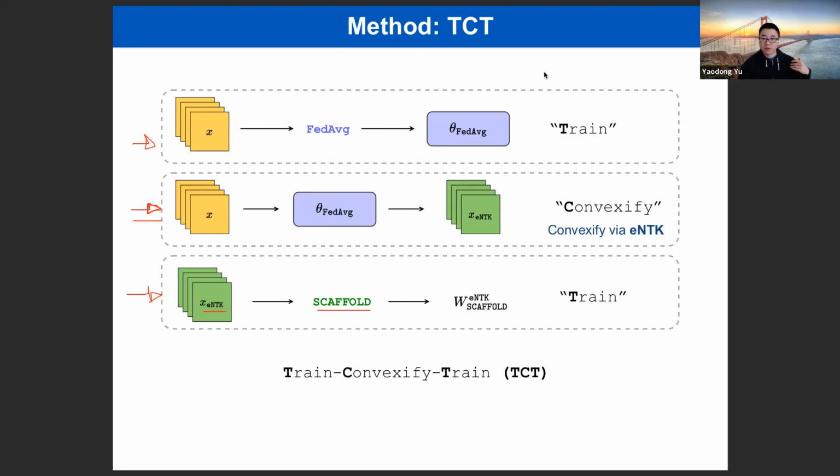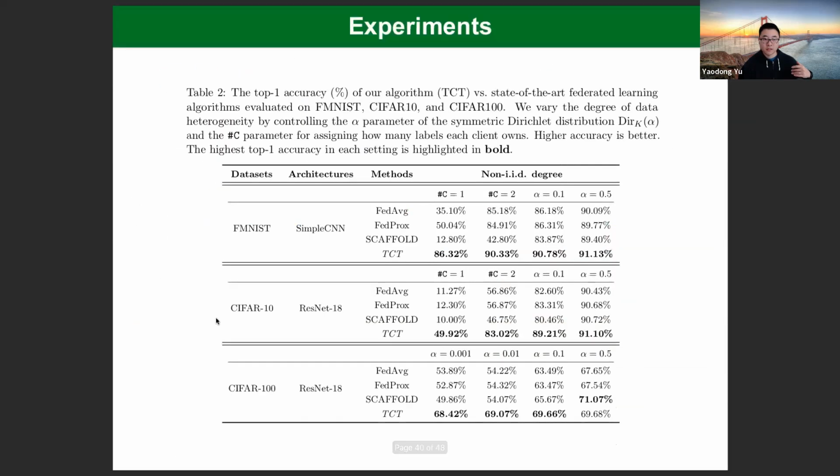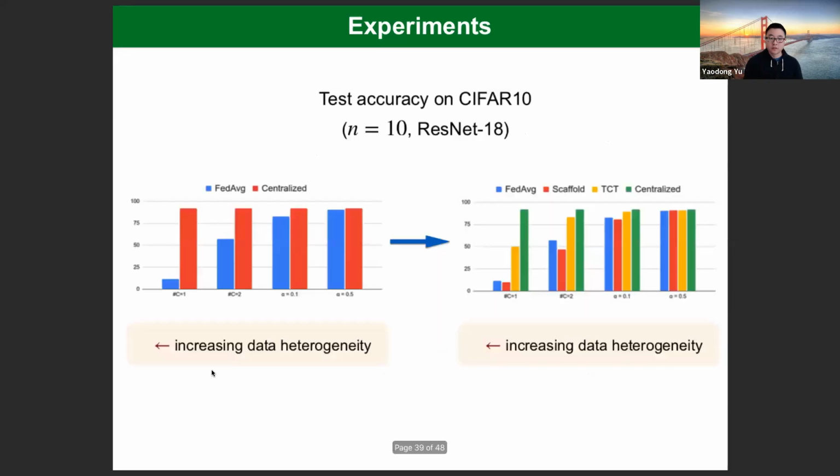To further clarify the dimensions for our experiments, say for CIFAR-100 or CIFAR-10, we are using 0.1 million parameters for the ENTK features. That's much fewer than the whole model.